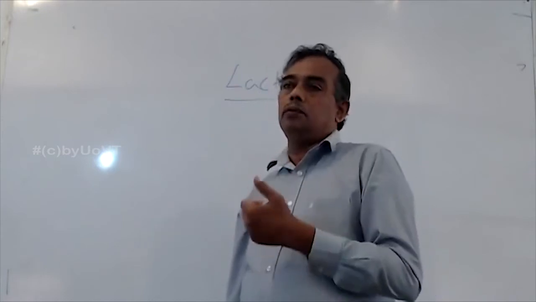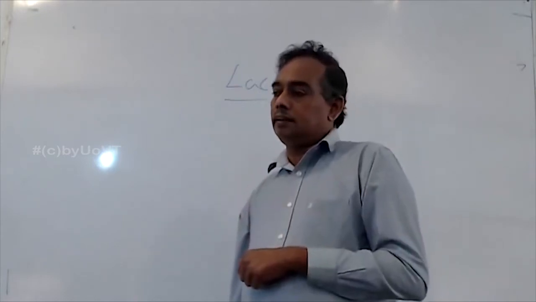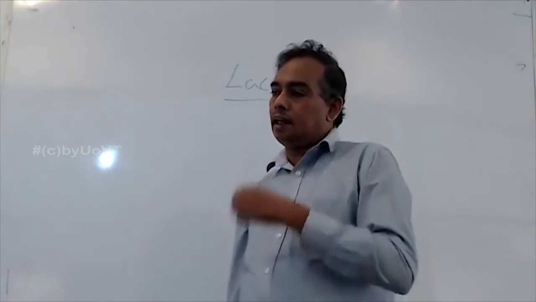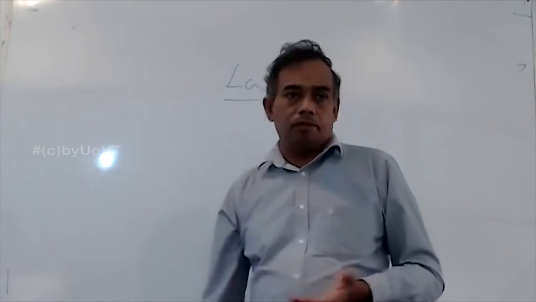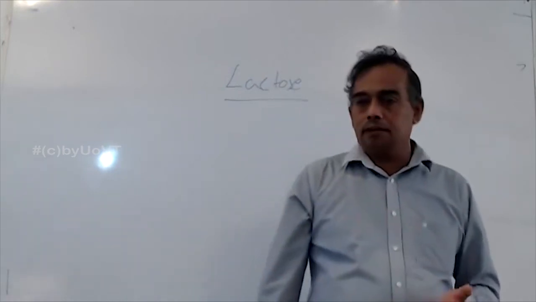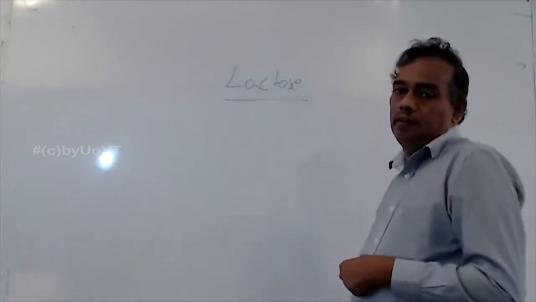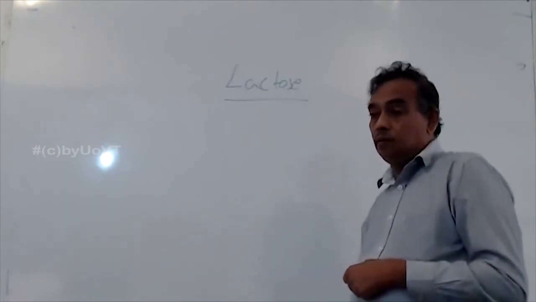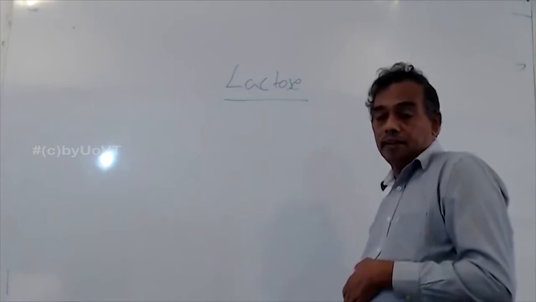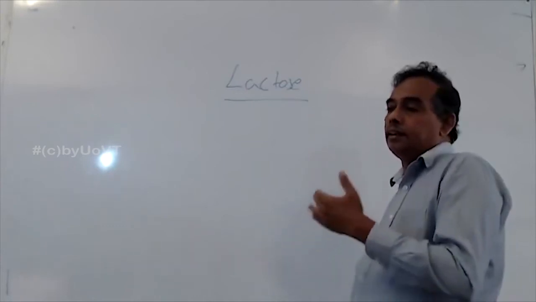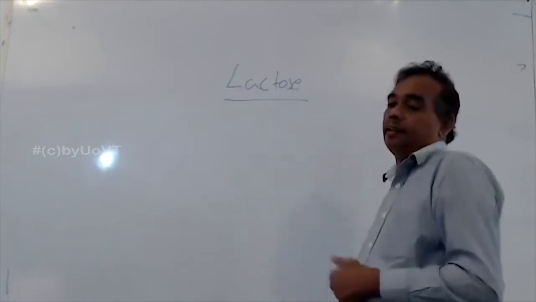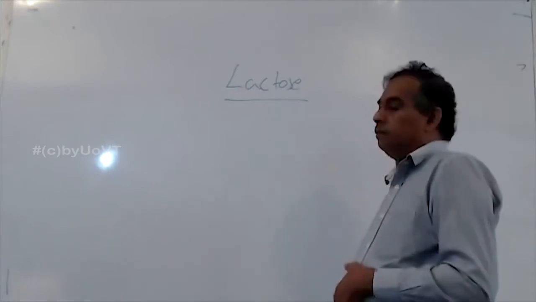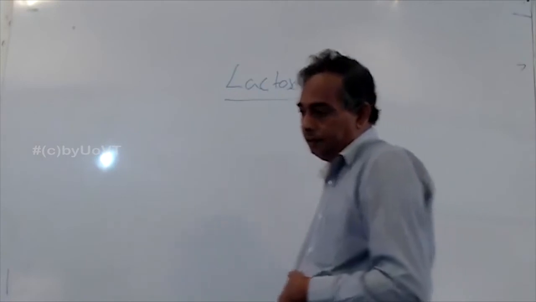So, what do you think is the remedy for this problem? If you are suffering from diabetes mellitus, that is a very dangerous cumulative disease. So, what is the remedy? The remedy is if you can ferment this disaccharide.